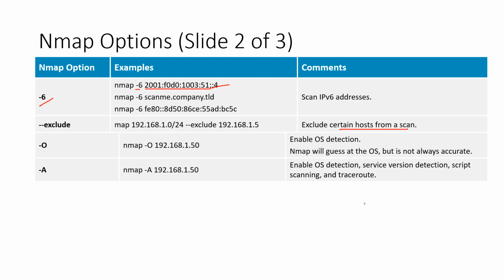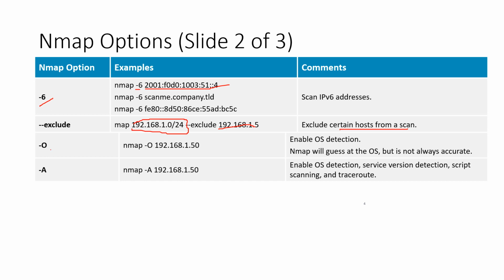For example, you want to conduct a scan on this network and you want to exclude this IP here, maybe because that IP is a third-party system, say a SCADA, meaning you're not allowed to touch it. So if you are to exclude, this is the option, --exclude, and then the IP address.